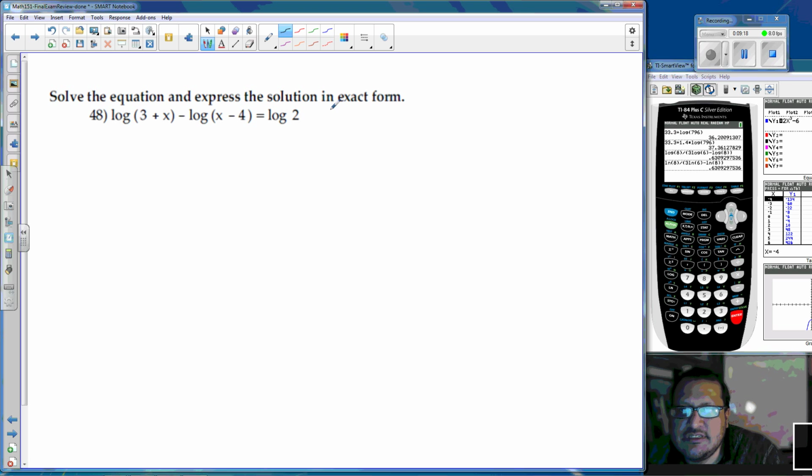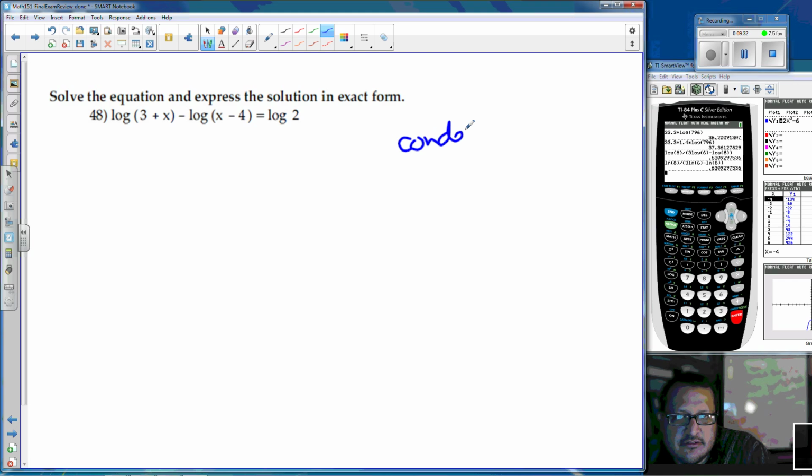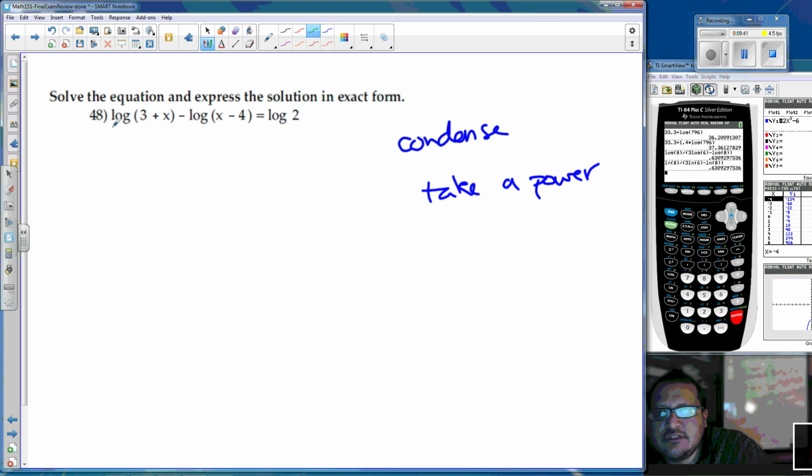Okay, solve this in exact form. The first thing we're going to do here is condense it and then take a power. So first we condense this.